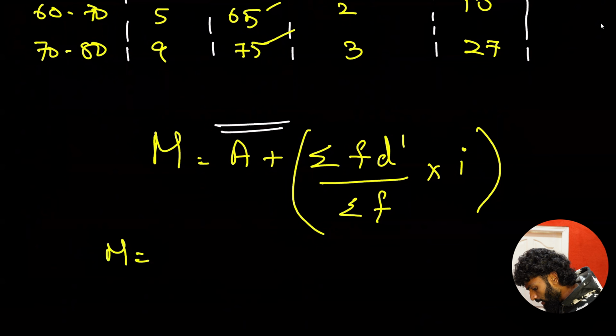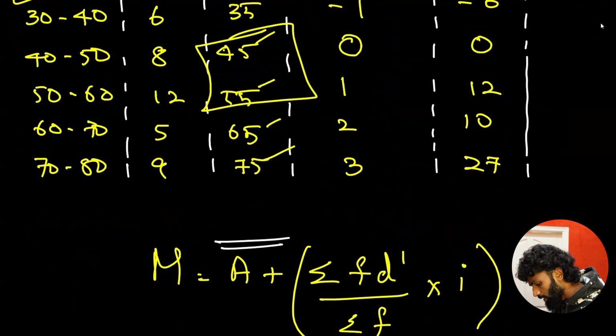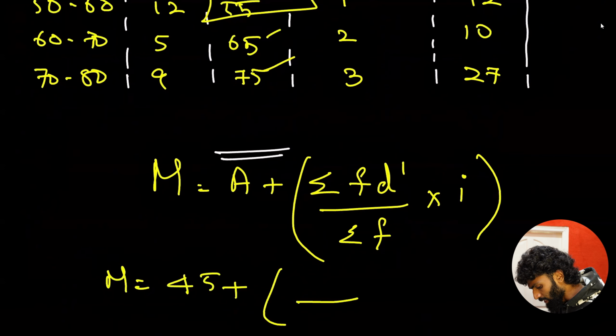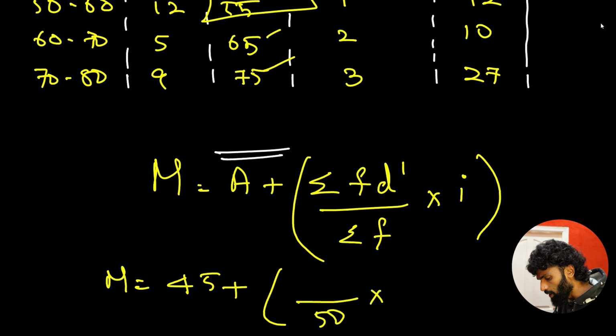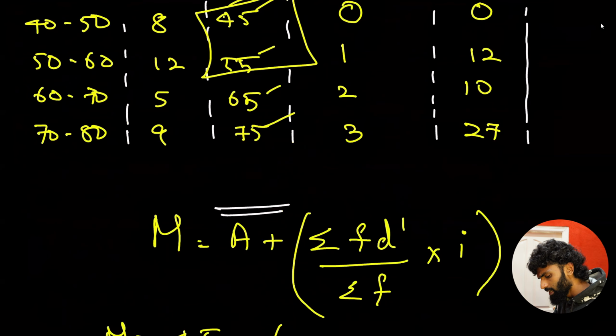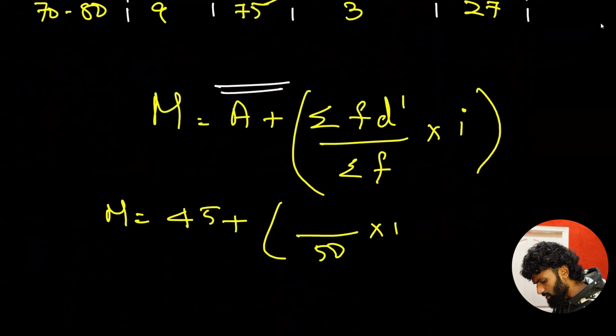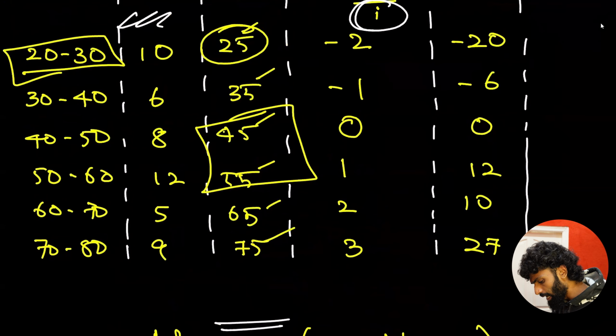M equals A, in this case was 45. I'll put a plus, I'll open brackets, FD dash. First of all, summation F is 50, same as the previous one. Into, I'll write, I was what in this case? I is 10. See guys, 99% of the time it will be 10 itself. Sometimes only they might change. Summation FD dash. Now don't you think adding the last column is much simpler right now? Fine.